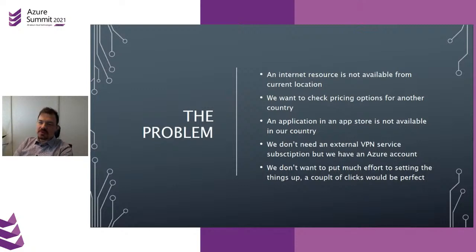Or if you buy a subscription, for the best pricing options you will probably have to pay for the whole year or at least monthly. So probably you don't need that. You would like to have something on demand, with easier switching between the different locations you would like to use.